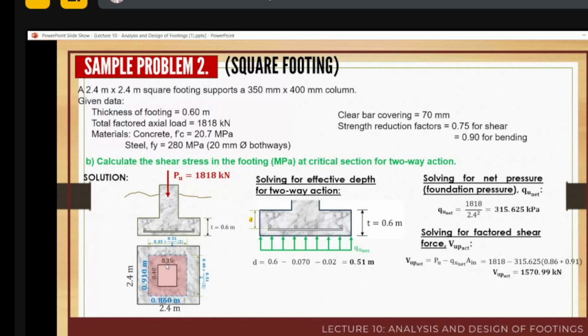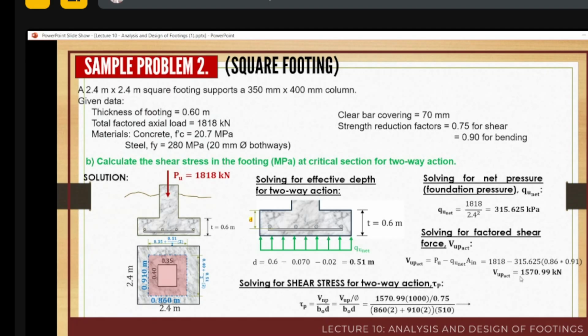Okay, 3.35 man na siya, no? And then here, kani kay 0.4 plus 0.51 divided by 2, so nalang 0.910. So, therefore, you'll have your nominal ultimate factored shear force, the factored shear force, a total of 1599.